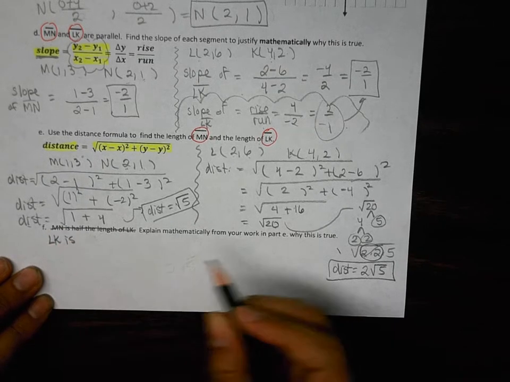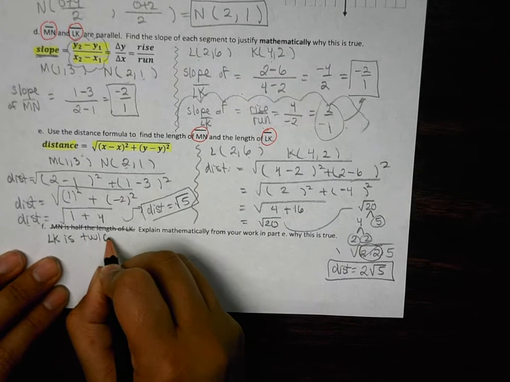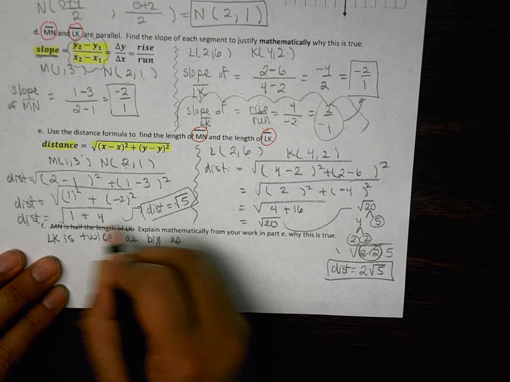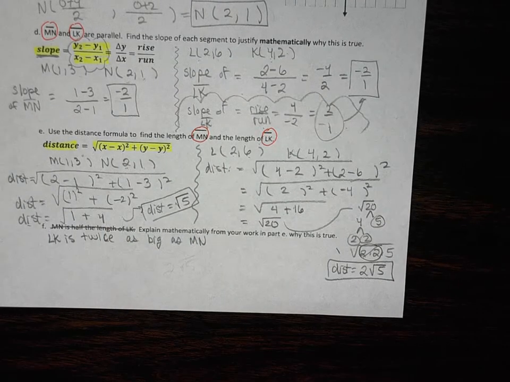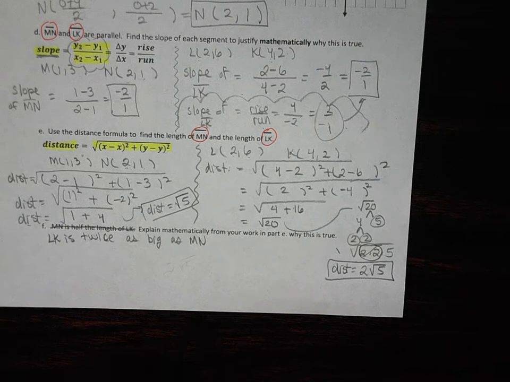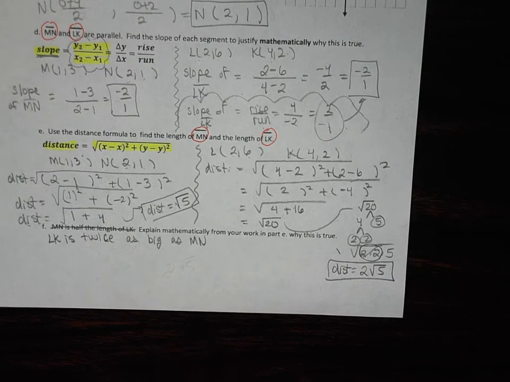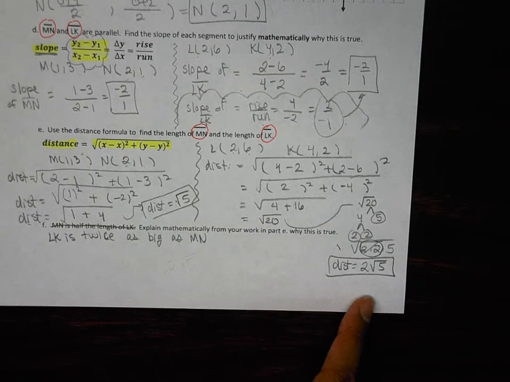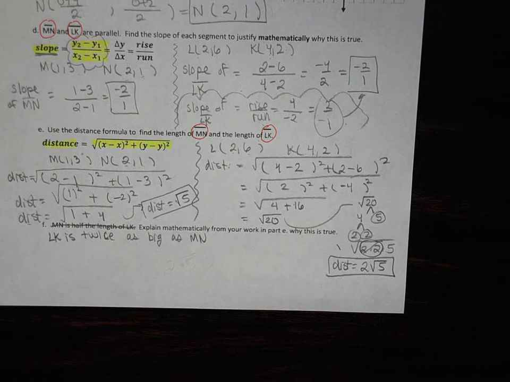I'm going to say LK is, instead of half, LK is twice as big as MN. All right, so just explain 2 root 5 is twice as big as root 5. That's enough for me because I can see your work. So in your explanation, you would say the length of LK is 2 root 5, and that is twice as big as the length of MN, which is root 5.